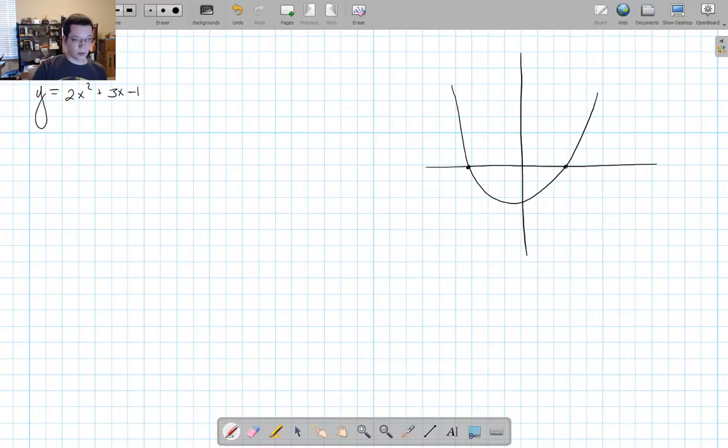And we want to know, where do those points happen? These are called our roots, or zeros. There's another important point called the vertex. And this whole shape is called the parabola.